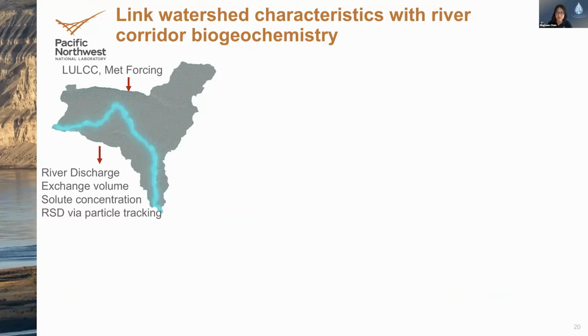We also talked about the other way to improve the river corridor biogeochemical model, which is to know better about what comes into our river and what is controlling the spatial and temporal dynamics of such inputs. If you have heard my talk for IDEAS, this is going to be a repeat of some information from that. So our watershed model can help us to accomplish that goal.